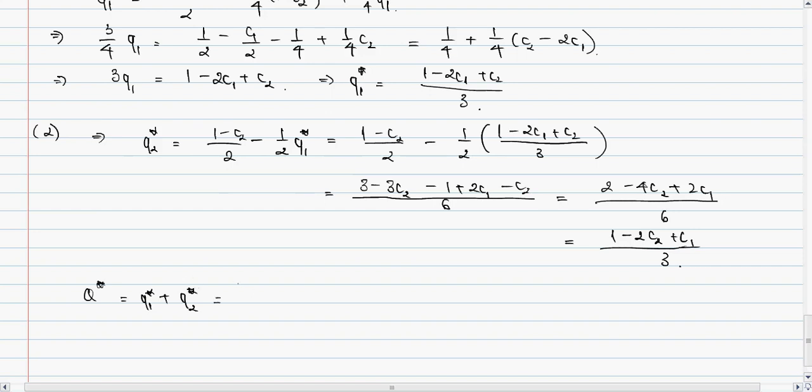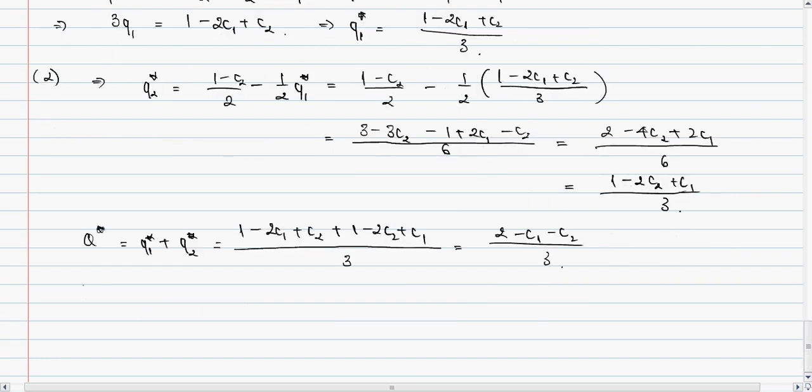If you add them up together, you get (1 minus 2c1 plus c2) plus (1 minus 2c2 plus c1), and the whole thing divided by 3. You will be able to get that equal to (2 minus c1 minus c2) on 3. Okay, so that's the total quantity going to be produced in the market.